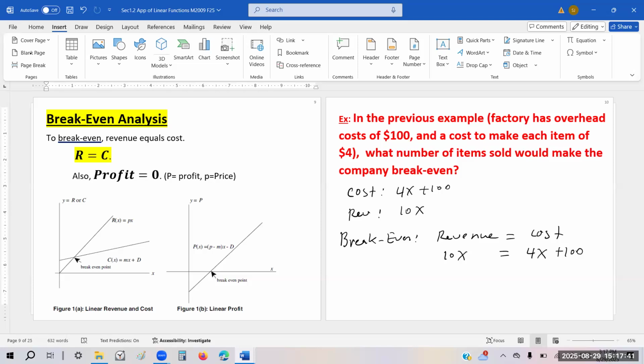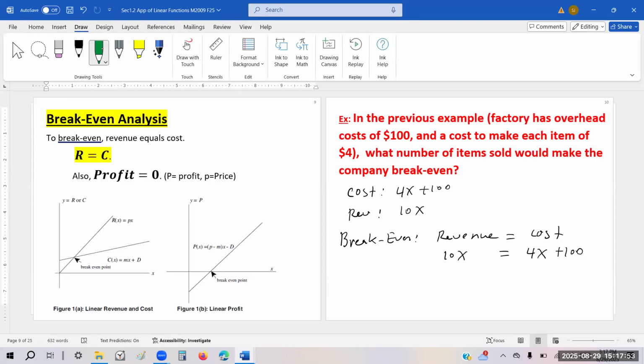And they're asking for how many items you have to sell in order to get this scenario. So basically you have to solve for x. How do you solve for x? You subtract 4x, right? So we got 6x equals 100. We divide by 6.